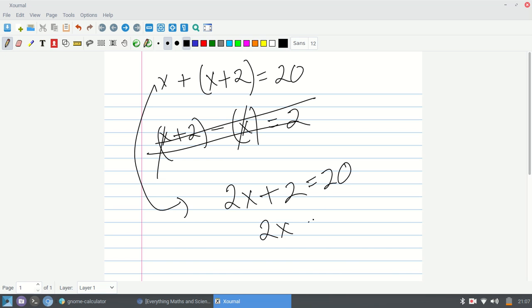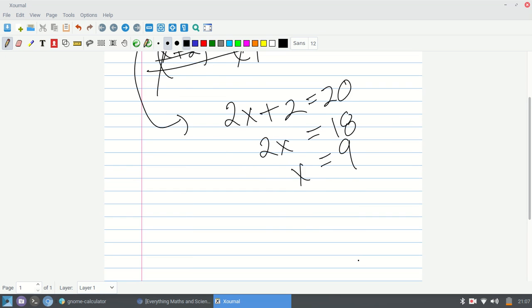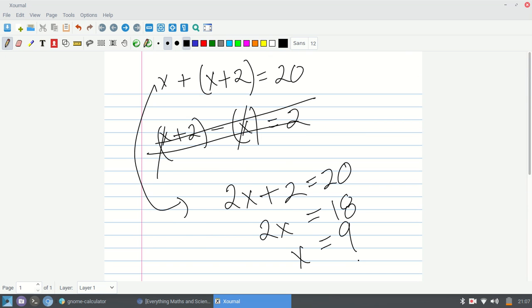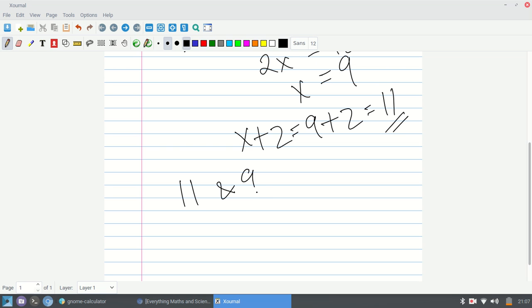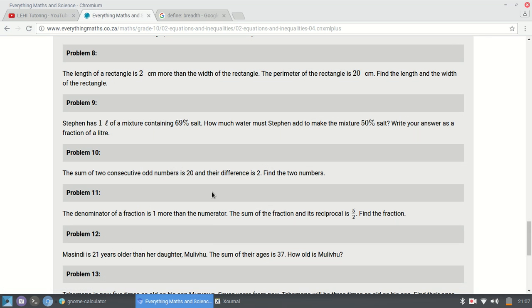And so 2x will equal 18, and so x will equal 9, right? So that's one integer. And so the next one would be x plus 2, which is 11, right? So 11 and 9 are the two numbers in the answer.